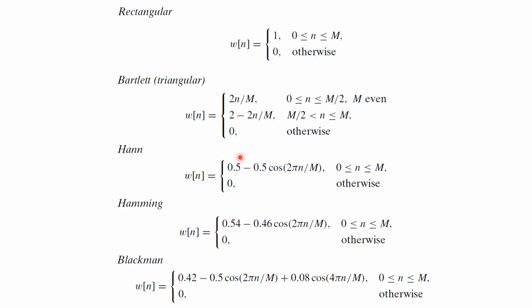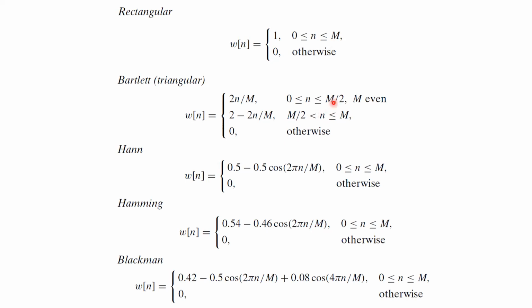If you wish to plot the time domain waveform of a window, you can directly implement the mathematical expression in MATLAB, writing these expressions for the given limit of your time index n. In this case, W(n) is equal to 2n divided by capital M, where M is an even number, and you choose this definition when n is between 0 and M by 2.